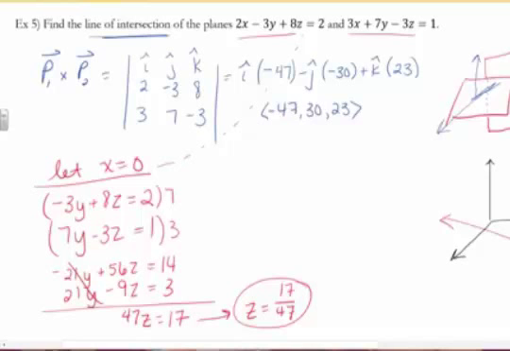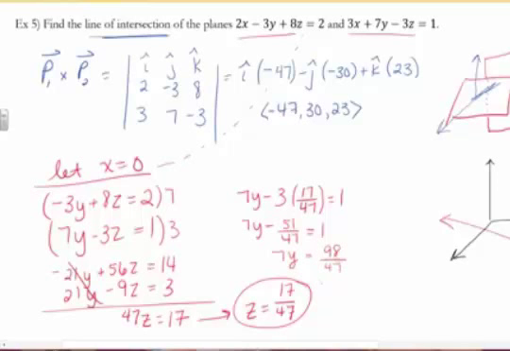Now I need to solve for y. So 7y minus 3z equals 1. So 7y minus, let's see, 17 times 3 is going to be 51/47 equals 1. If I add 51/47, I get 7y equals, what's that, 98/47.